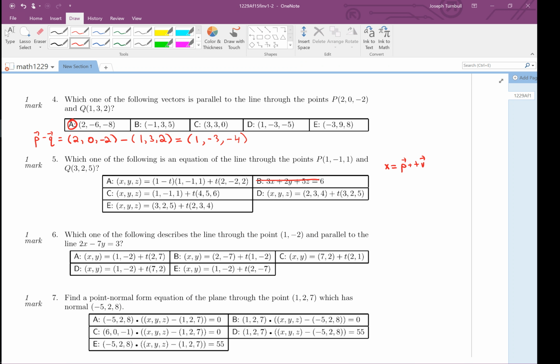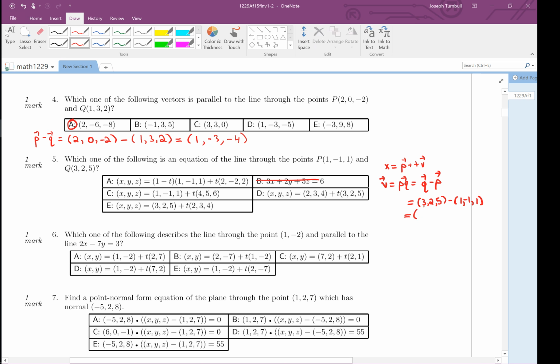Okay, let's go about answering this. Let's try to find out what the direction vector is first of all. So for direction vector V, I'm going to go from P to Q. That's Q minus P. So I'm going to take Q, 3, 2, 5, and subtract the point vector P, 1, -1, 1, just taking the coordinates and making them components.